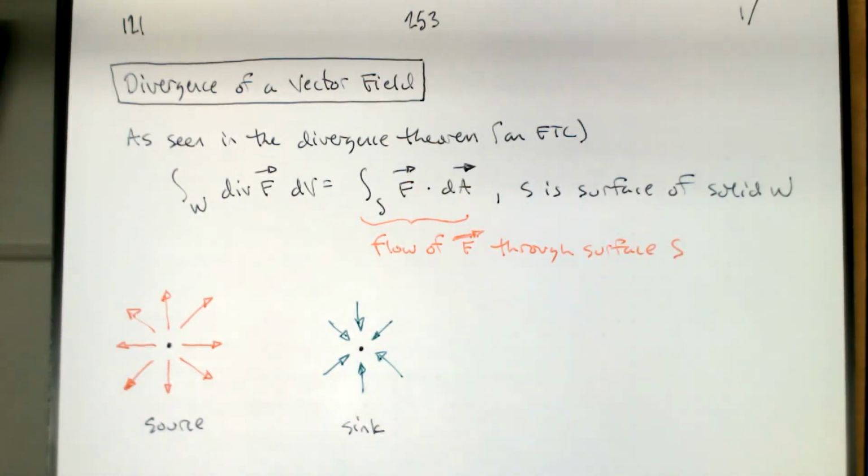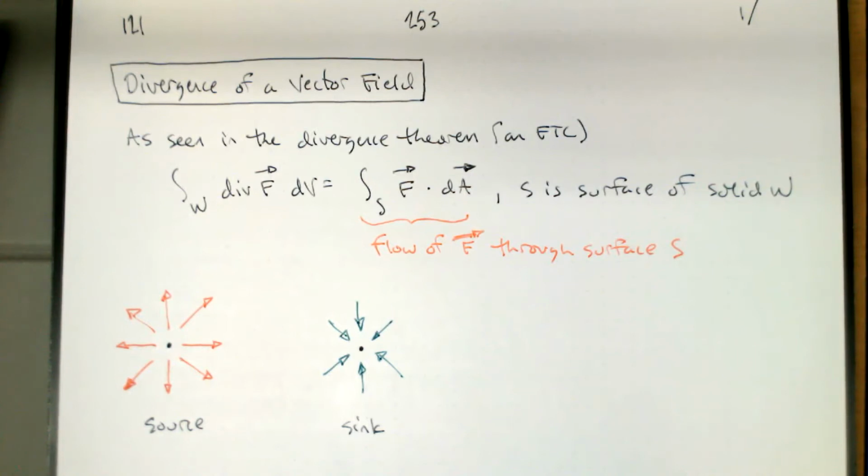So if we stand way back from the divergence theorem, what we're going to be measuring is, if we have a point that is a source, for example, inside of a small sphere, and there's a lot of boom going on, then we're going to have a lot of flow through the surface of that sphere. Or if we have a point that's a sink, then the vectors are going to be pointing in towards that point.